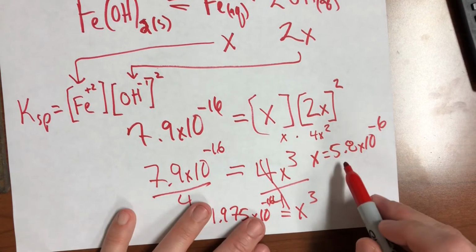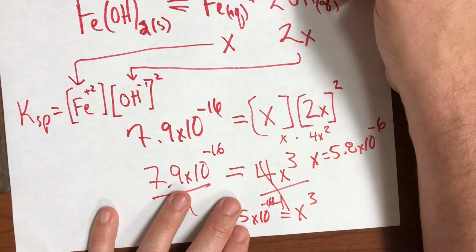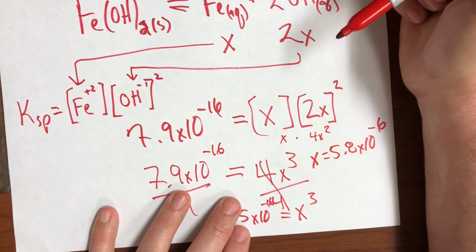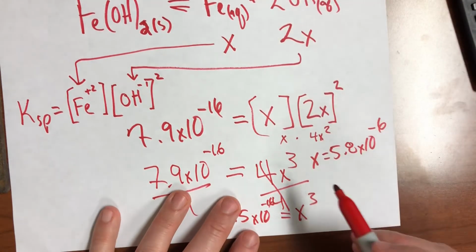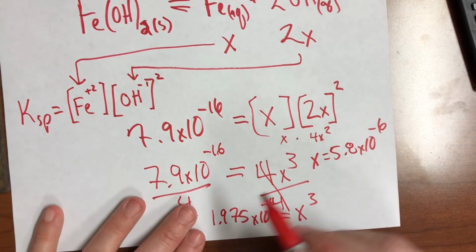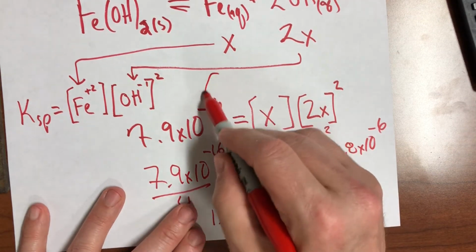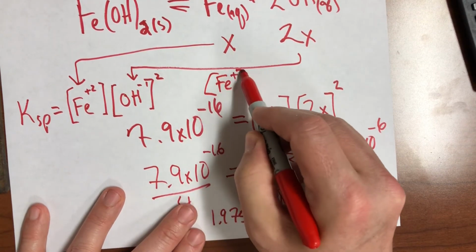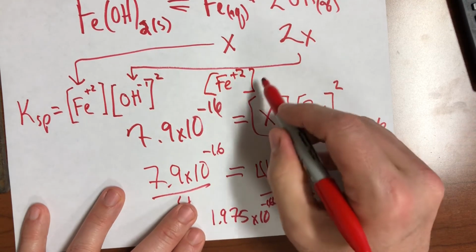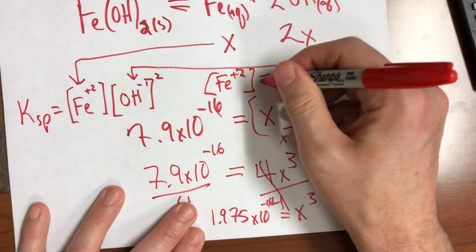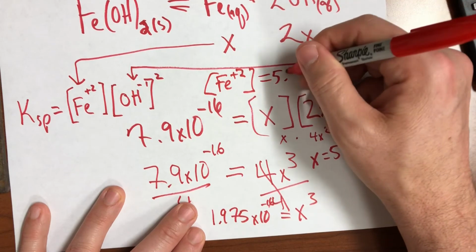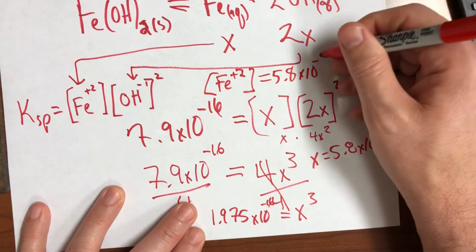X is 5.8 times 10 to the negative 6. What's X? X is the iron concentration at equilibrium. So the iron ion at equilibrium will have a concentration of 5.8 times 10 to the negative 6th.